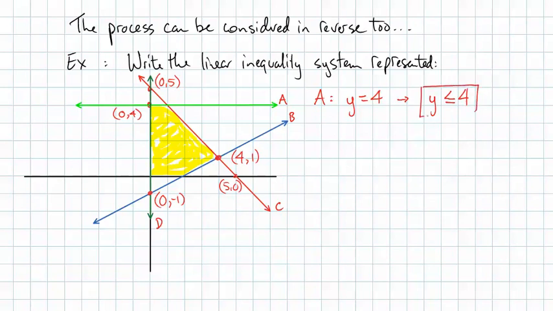There's one answer. Line B has a slope of up 2, right 4, so a slope of half, a y-intercept of -1, so y = 1/2 x - 1.